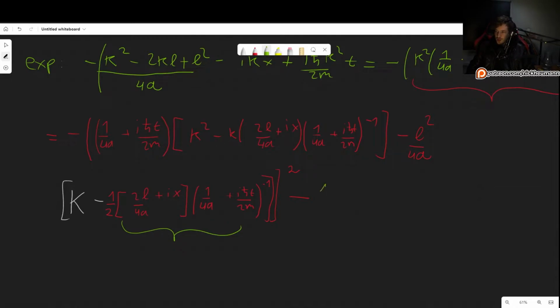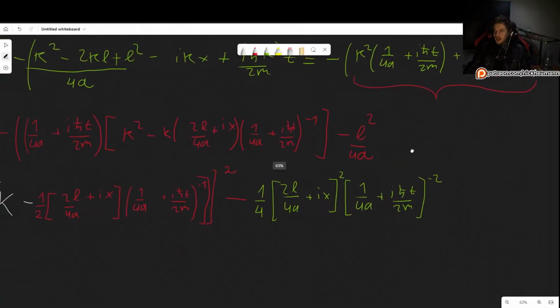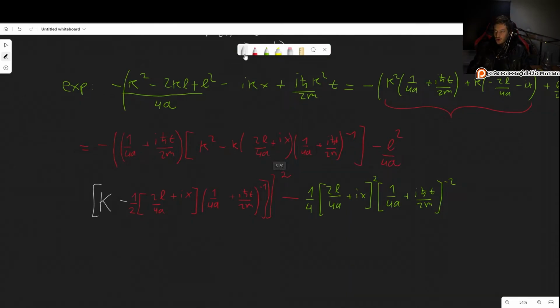So by squaring, we get 1 over 4, 2l over 4a plus ix, and then 1 over 4a plus i h bar t divided by 2m to the minus 2, and this is squared. So that is the result of just completing the square, right?